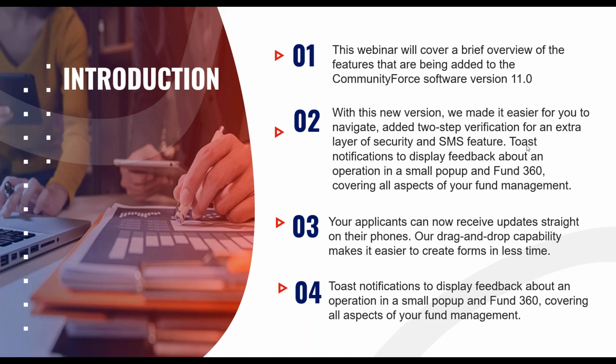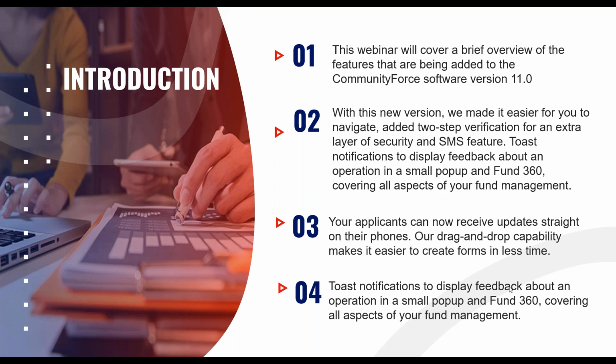And then also you'll see some different things in regards to some of the system messages. We have some toast notifications we're using now. And then we're creating a Fund 360 management, as well as an Application 360 management. And so applicants are going to now be able to receive updates straight on their phones.